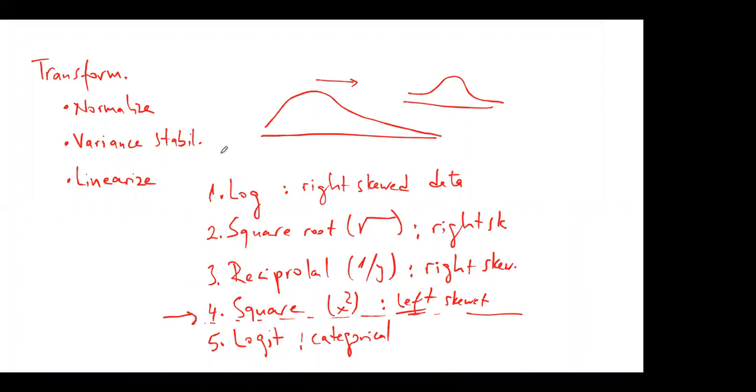These are the classical transformations. You can apply any transformation you can imagine to your data, but the classically used in medical research are these 5 types. And among them, the number 1 and the most frequently used is the logarithmic transformation. I believe that much is enough for today.